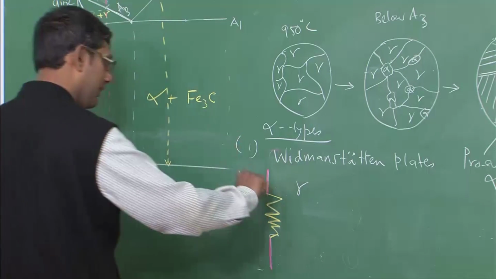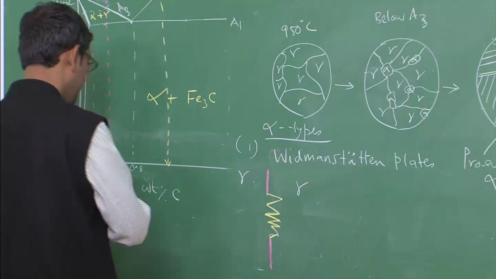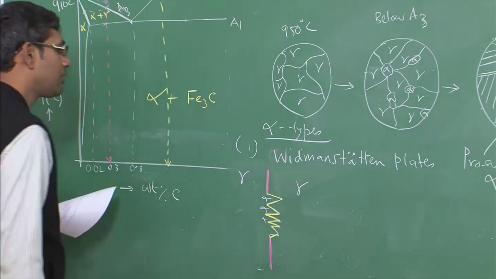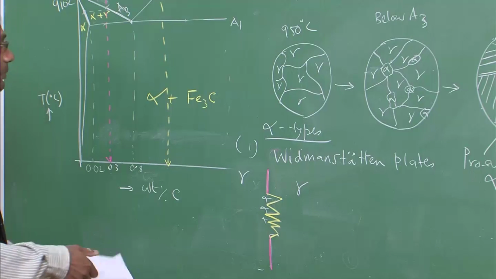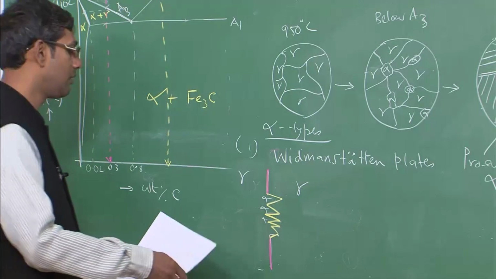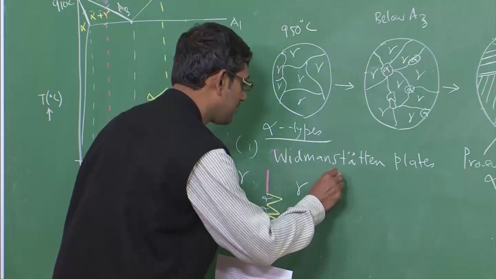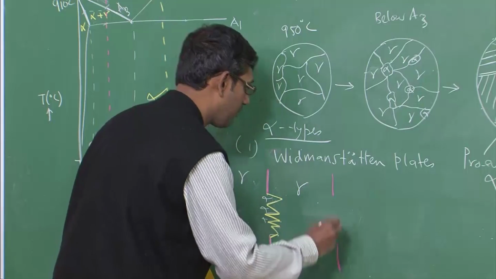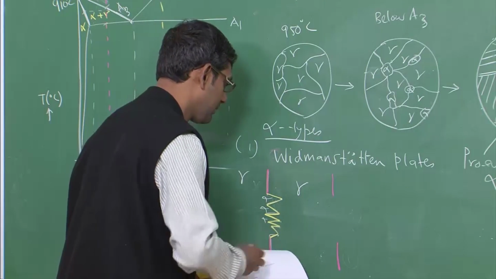Plates will have a finite thickness. So, these are the alpha. Another one will be a mixture of the earlier one and this one. Let me draw it nicely, a mixture of this one and this one, this is the boundary.